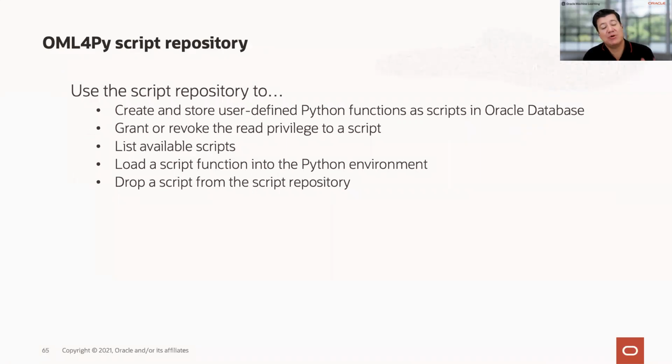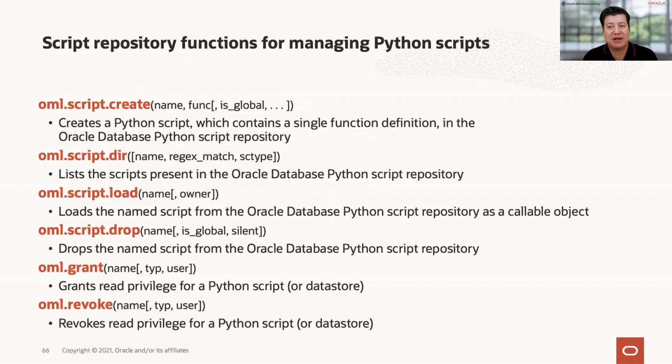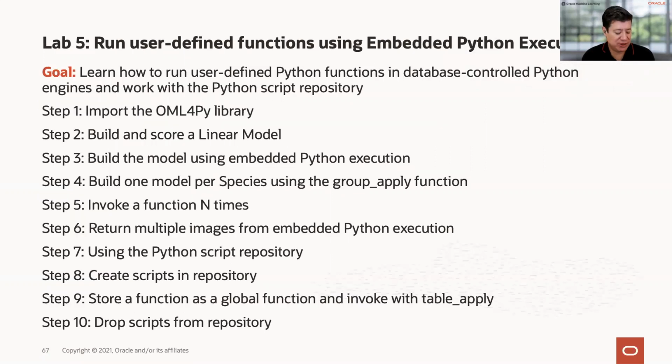Then we're going to use the Oracle Machine Learning Python script repository. We have a data store and a script repository in the database where we can define our code and our scripts, and then store them there to be able to execute them. The script repository has all of these different functions. You can write to the script repository, load, and grant, the same thing that we talked about before. So we can check lab 5 real quick.